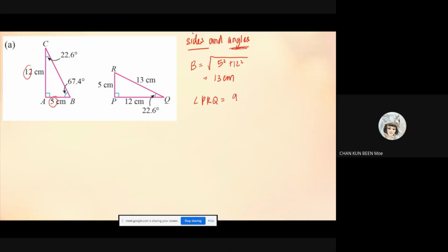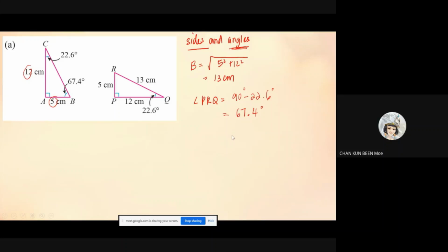You get the same answer. So 90 minus 22.6 is equal to 67.4 degrees.